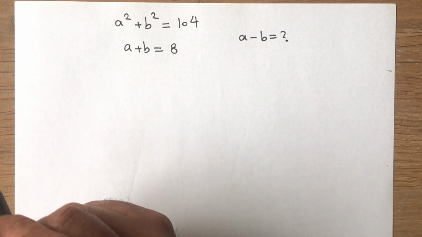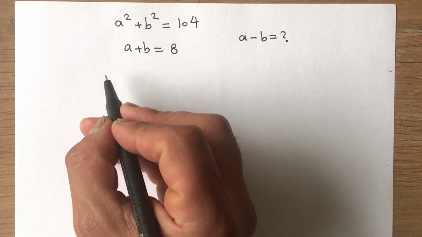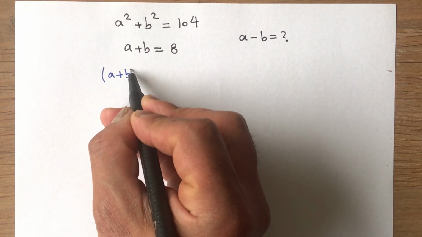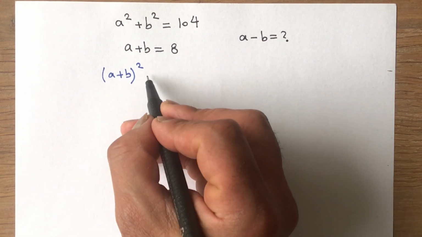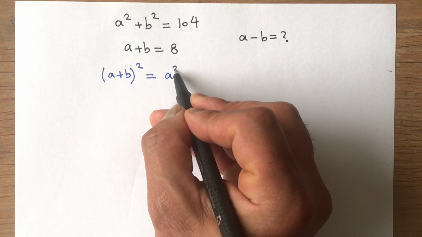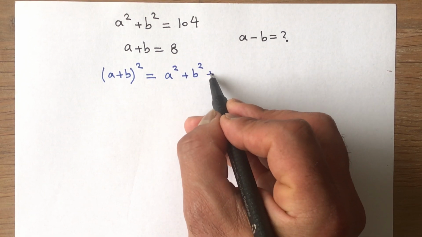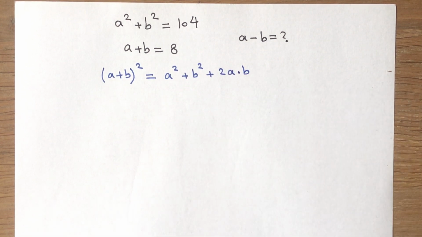The useful algebraic identity we can use here is this one: (a plus b) squared equals a squared plus b squared plus 2a times b.